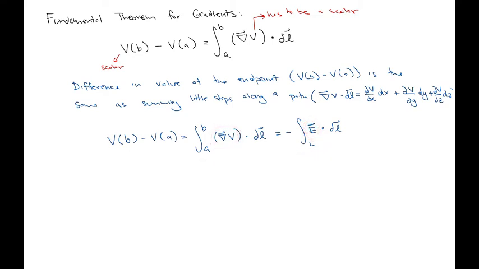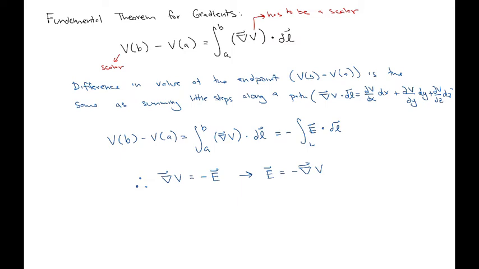So I can write now that the gradient of V, which is our potential, is equal to the negative of the electric field, or more commonly written, the electric field is equal to the negative of the gradient of our potential. I want you to think about this in terms of that PhET sim that I just showed you.